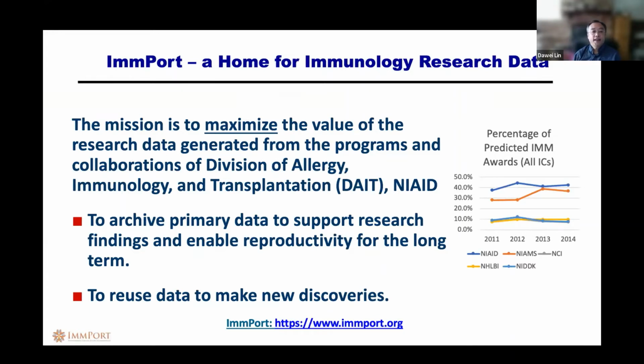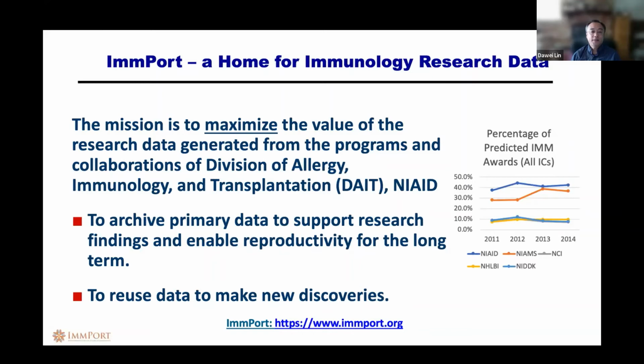ImmPort is a repository created 20 years ago as a home for immunological research data, and mainly serves the Division of Allergy, Immunology, and Transplantation at NIAID, which funds around 40% of all NIH research, as shown on the right of the slide.